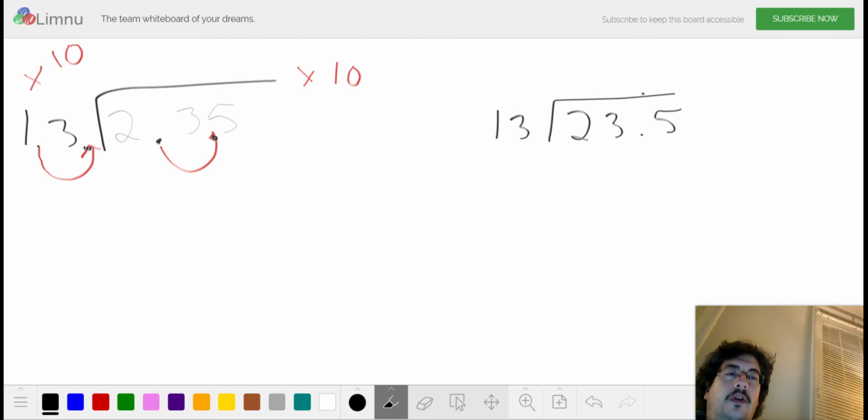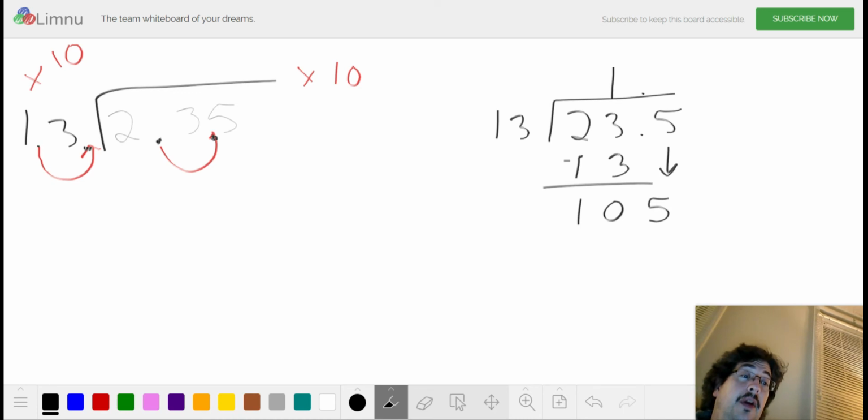Well, the decimal point is going to go straight up into our quotient, and then we can start dividing like normal. 13 certainly doesn't go into 2 because it's bigger than 2, but it does go into 23 one time. 1 times 13 gives us 13. And we subtract that from the 23, and we have 10. And then we bring our 5 down. And now we need to figure out how many times 13 goes into 105. And I'll be honest with you, I don't know right off the top of my head, so I'm going to have to do some guessing and checking.